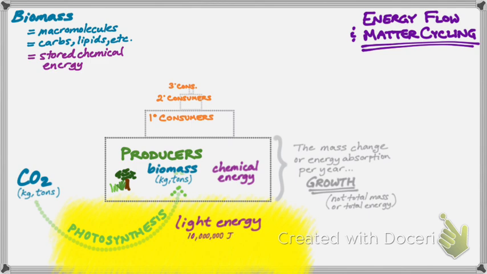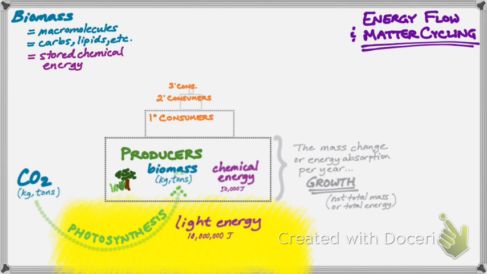In terms of amounts, I'm just going to make up some numbers here. I'm just imagining some plant is absorbing 10 million joules of energy over some period of time. Maybe it's an hour, maybe it's a day. And it is able to turn a certain amount of that into its own mass.